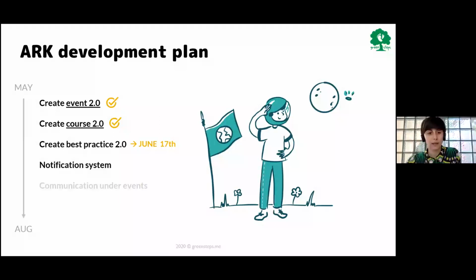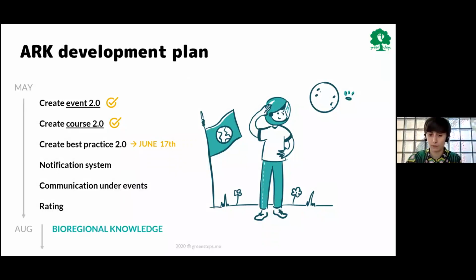It's a whole different thing that we hope we can talk to you about later on. It's a big chunk of work that we would like to develop for the ARK, to also link the content to things about biodiversity and knowing better the place you live in. So that's the plan for the future.